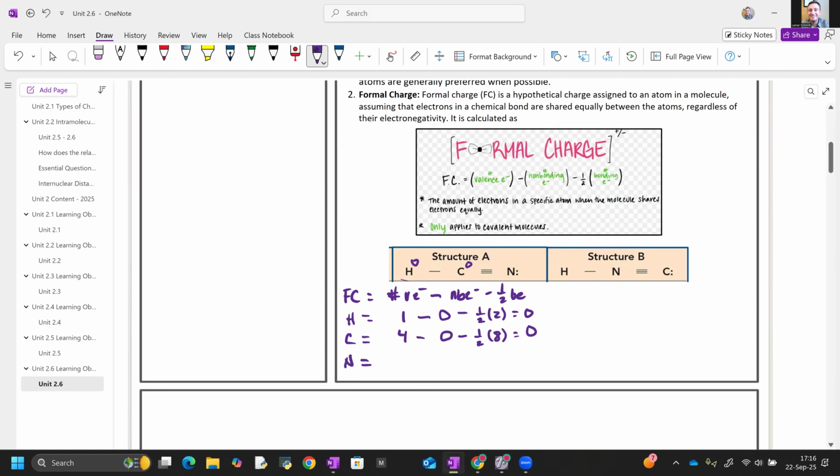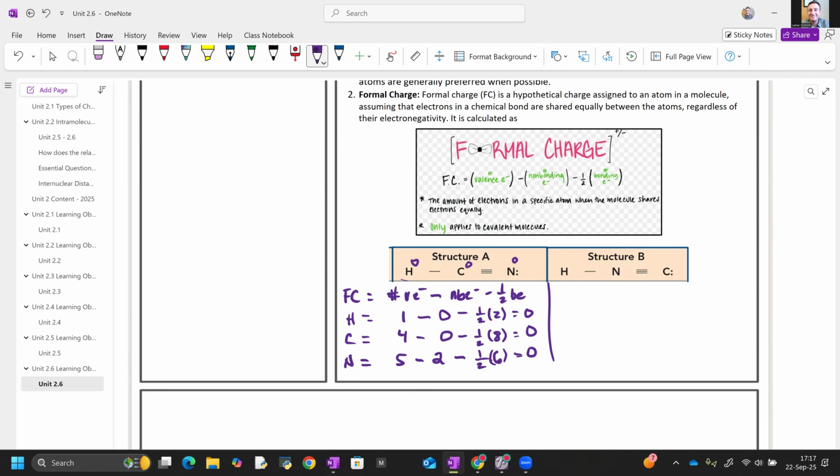Then we look at nitrogen, and nitrogen has 5 valence electrons. Now here we see that this has 2 non-bonding, so we're going to put 2 minus 1/2 of 2, 4, 6. And so 5 minus 2 minus 1/2 of 6, which is 3, is 0. So this also has a formal charge of 0.